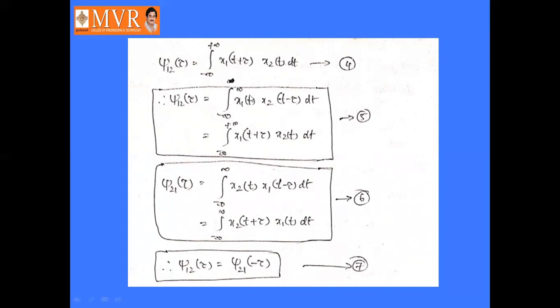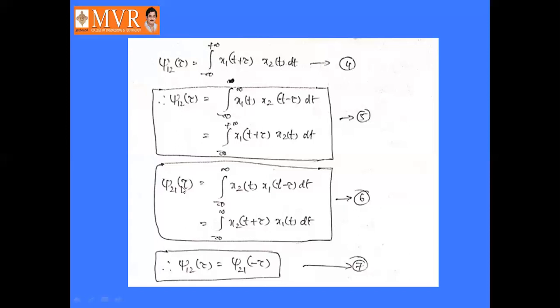So it is integral minus infinity to infinity x1 of t into x2 of t minus tau dt, or integral minus infinity to infinity x1 of t plus tau into x2 of t dt. Or we can write this as J21 of tau. This is J12 of tau, where 1 is x1 and 2 is x2.